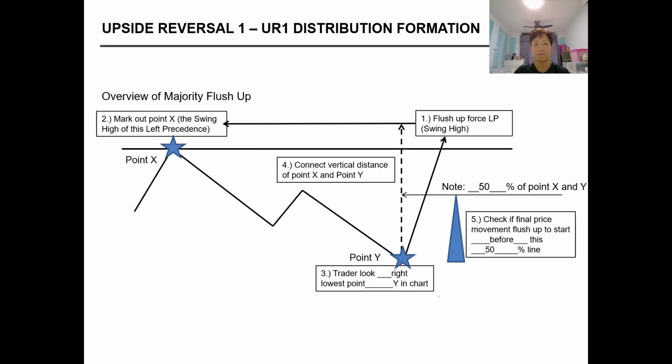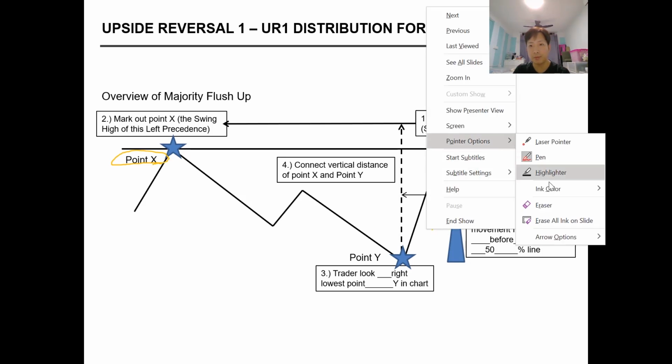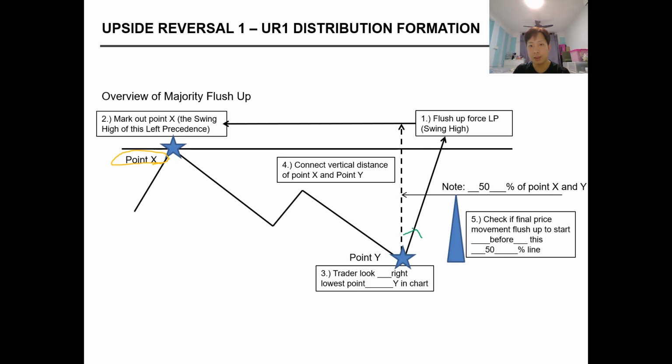So let's say you identify a possible LP level on the left of the chart, which is that point Y. Let price rally. I'll probably draw in green.